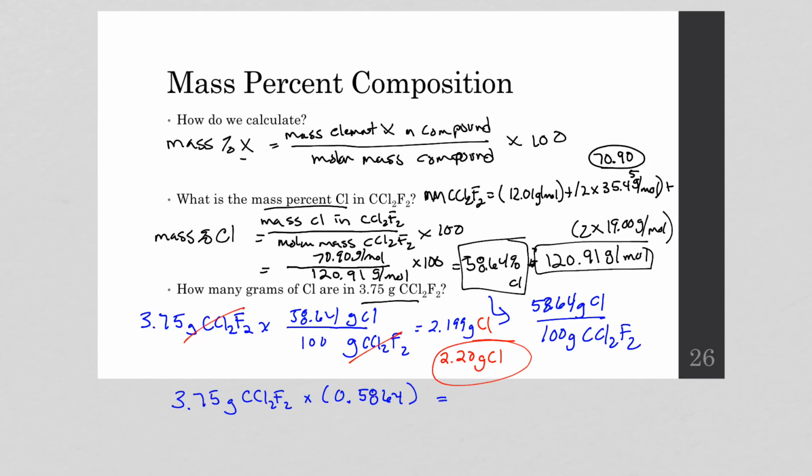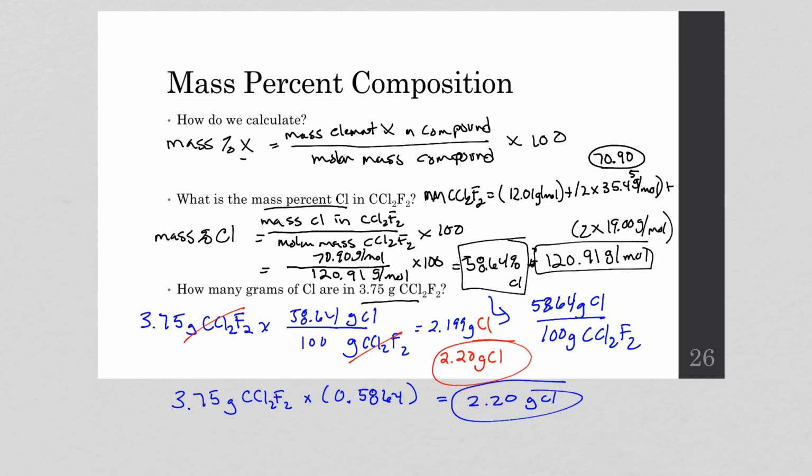Then this would give me, again, to three significant figures, the same answer, right? So we're doing the same thing here. Here we're using dimensional analysis and spelling out that this is 58.64 out of 100. Here we've done this part of the calculation and we're just multiplying by that percentage written as a decimal.